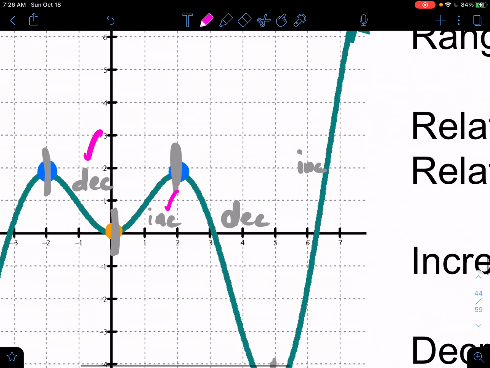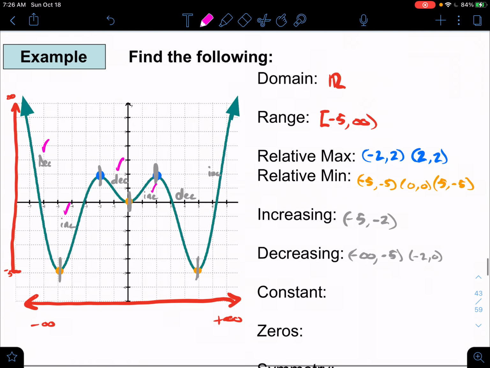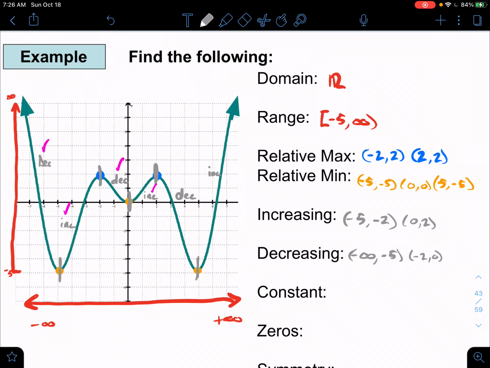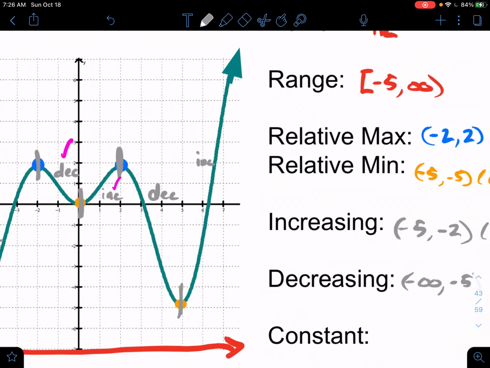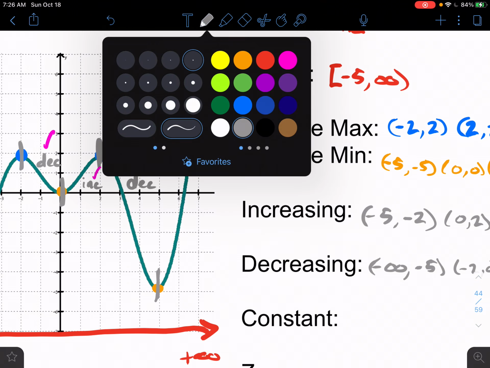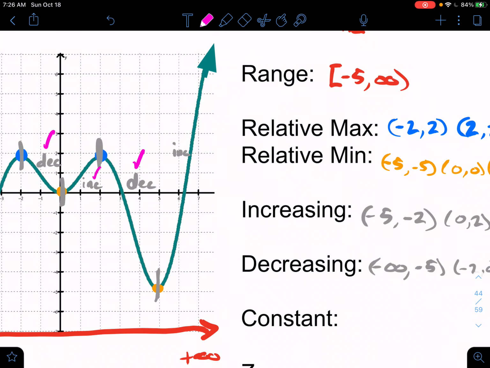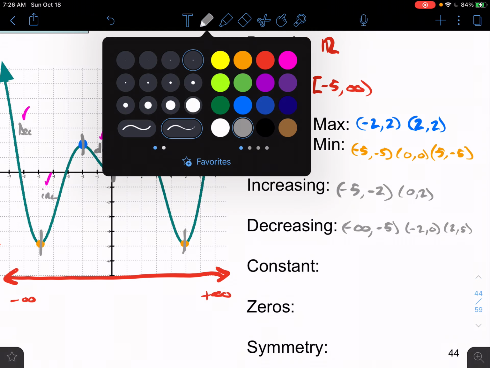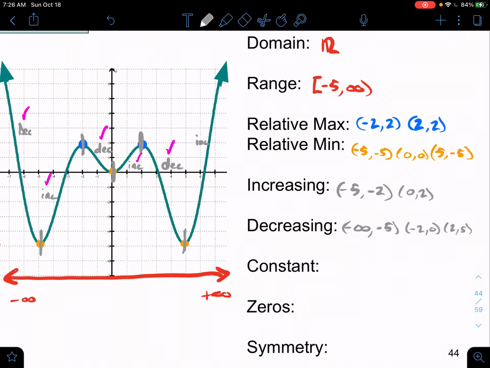So we are then increasing from 0 to 2. And then we'll switch back to decreasing from 2 all the way to 5. And finally, we will end up increasing from 5 all the way to infinity.